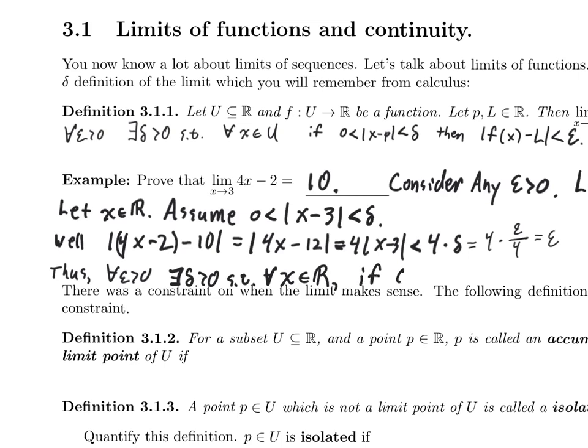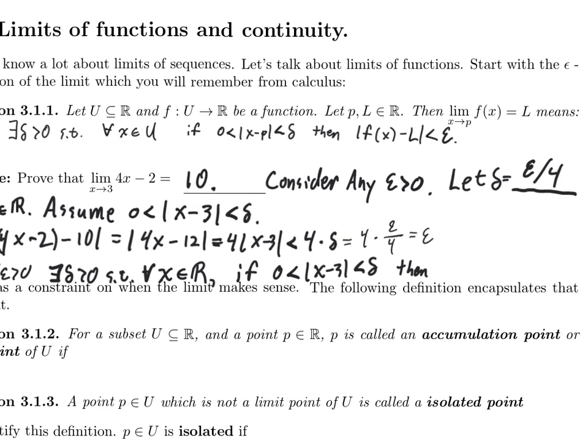If 0 is less than the absolute value of x minus 3 is less than delta, then the absolute value of (4x minus 2), parentheses for emphasis, minus 10 is less than epsilon.